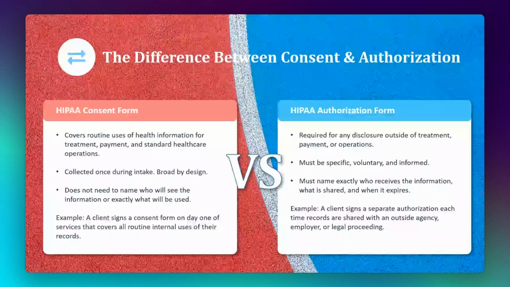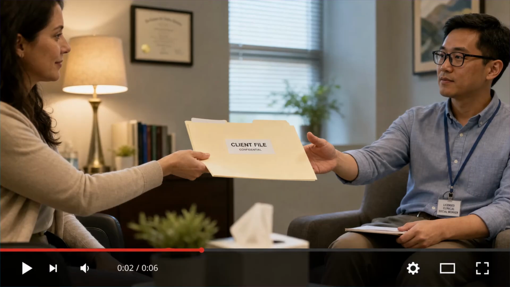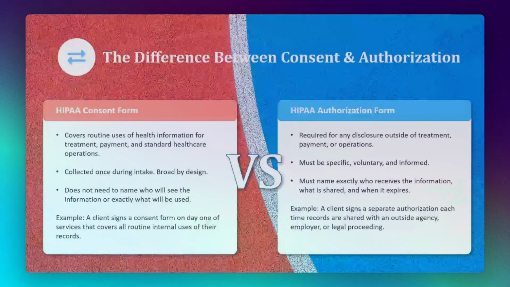Now, an authorization form, also known as a release form, is a completely different form. It's required anytime that you want to share the PHI or protected health information outside of those routine treatment and operational purposes. That means sharing records with an outside agency or third party.